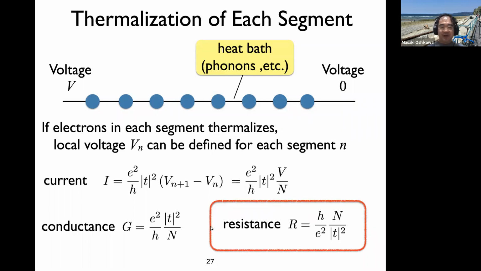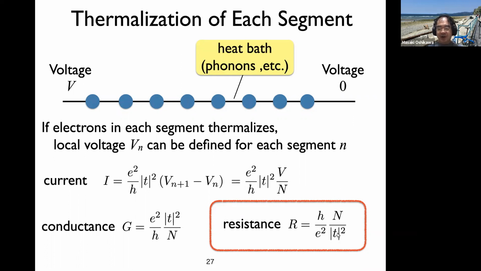So this is natural behavior we expect from a macroscopic object. But interesting in this model, what still determines the resistance is this quantum mechanical property of each barrier.